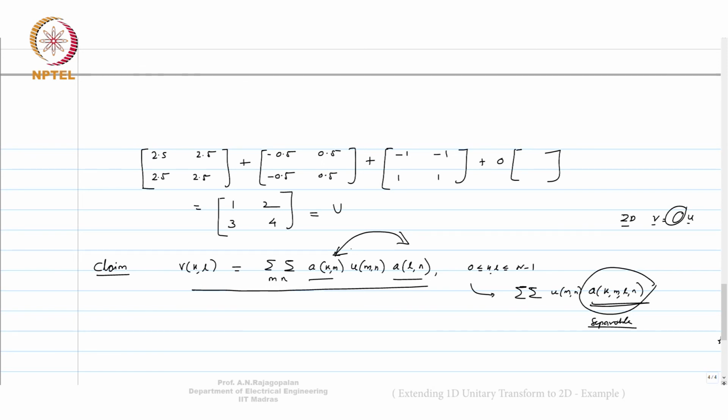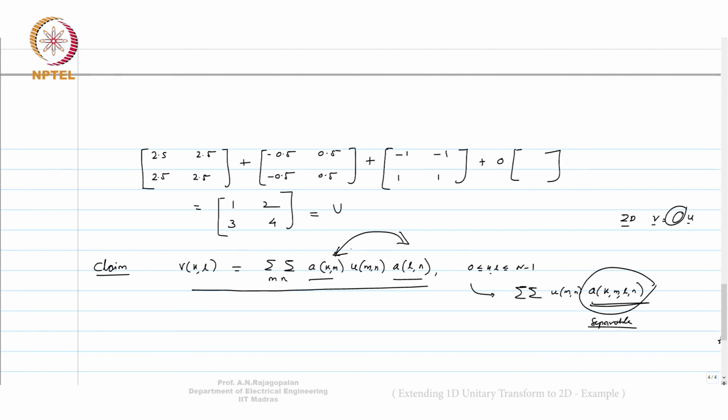If I had simply introduced the DFT as U_mn equals e power minus j2 pi by n (km plus nl) and said that this is a separable transform and that is how a 2D basis image will look, then you will miss the point that all these transforms are basically unitary and separable, so there is a nice structure which binds all of them, and binds 1D to 2D.